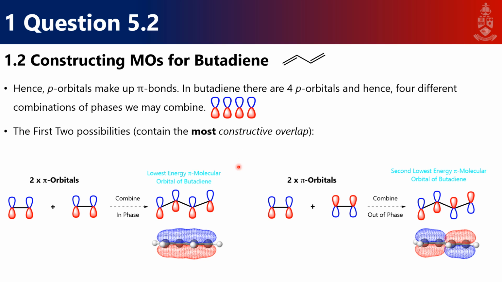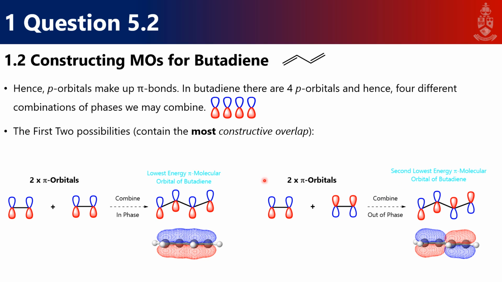Because they're p orbitals, they are involved in the pi bonds, so these are called pi molecular orbitals. This is the lowest energy pi molecular orbital, not the lowest molecular orbital of butadiene, but the lowest energy pi molecular orbital of butadiene.